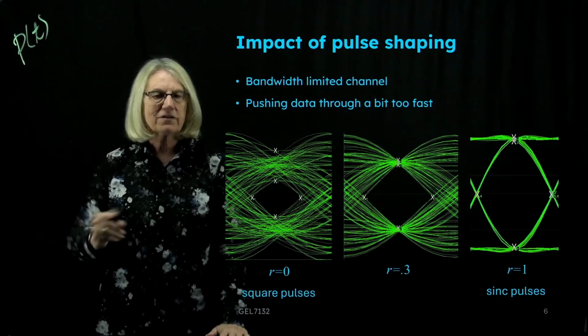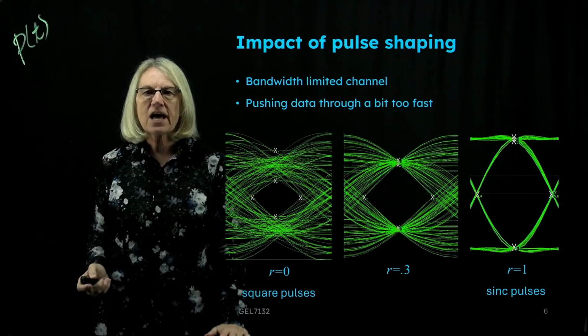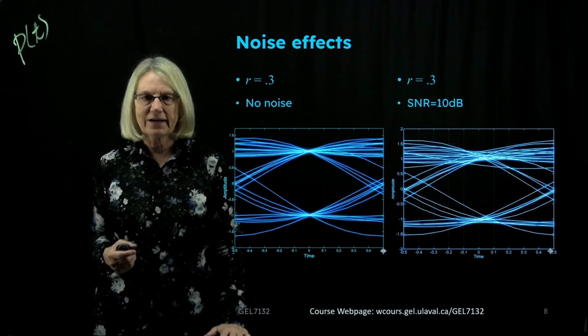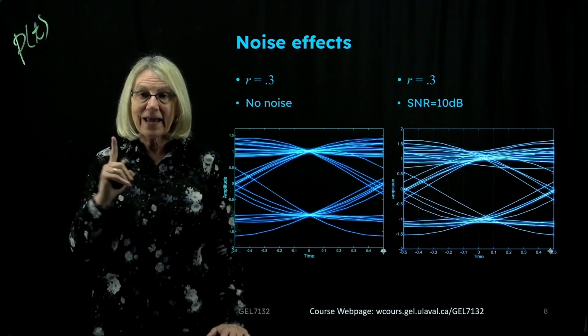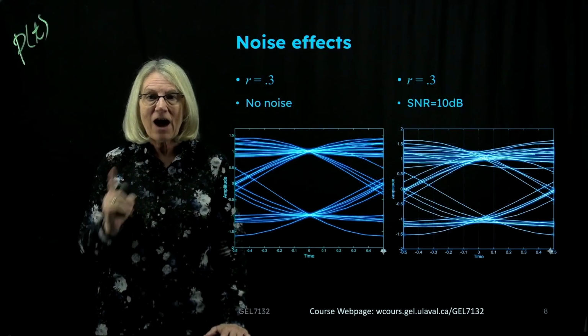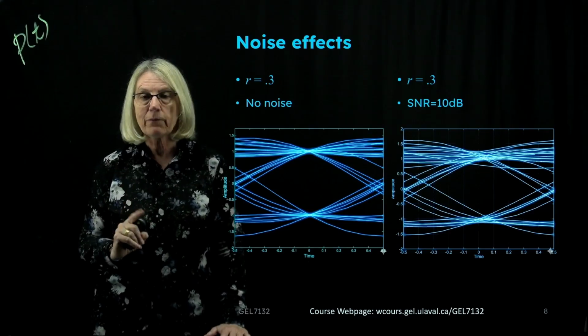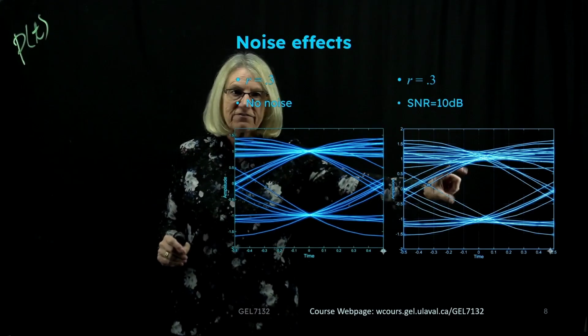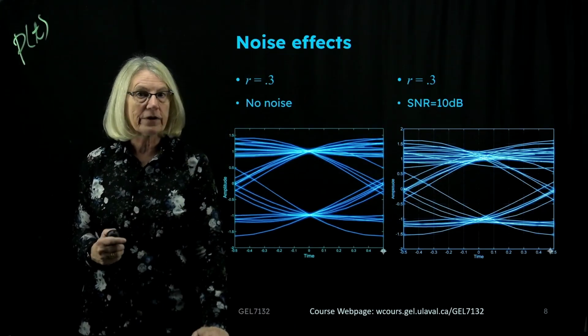It's very hard, no, it's impossible to tell the difference between additive noise and distortion when I'm looking at an eye diagram. But what I can do is quantify how that impairment is going to affect me, whether it comes from noise or whether it comes from distortion. I can at least quantify how much that eye is open or not.